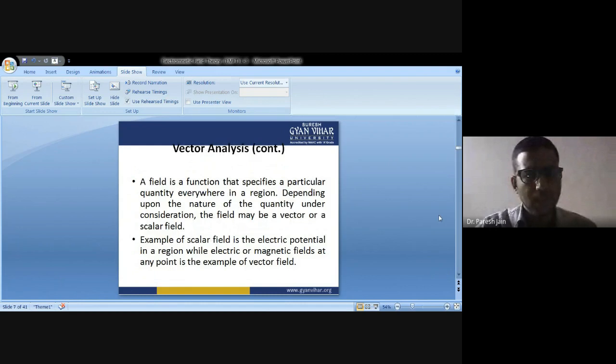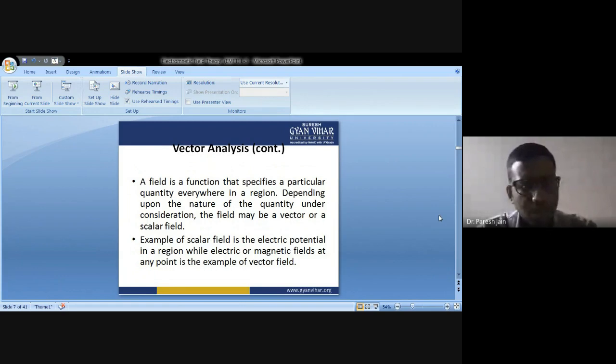A field is a function that specifies a particular quantity everywhere in a region, depending upon the nature of the quantity under consideration.